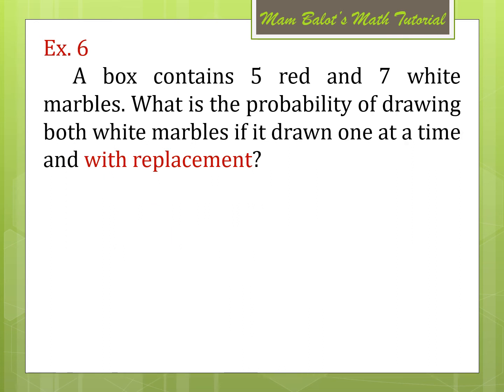Another example. In the same box, what is the probability of drawing both white marbles if it is drawn one at a time and with replacement? Since it is also with replacement, again this is an independent event.